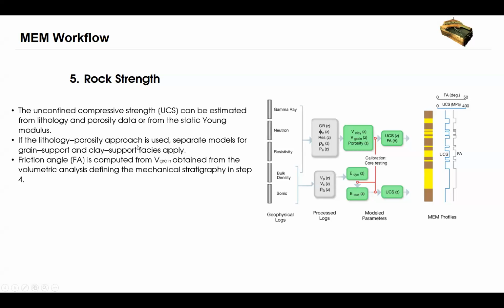If the lithology porosity approach is used, separate models for grain support and non-grain support facies apply. The friction angle is computed from V grain obtained from the volumetric analysis defined from the mechanical stratigraphy in the previous step. UCS and friction angle are calibrated to laboratory triaxial strength measurements made on core. And this is a very important step. If we have core and triaxial data, it is better to calibrate our UCS, unless it is inconsistent data.